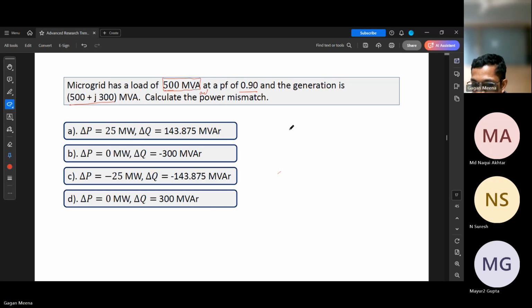Will you calculate? It's easy. Anyone? How did you calculate?